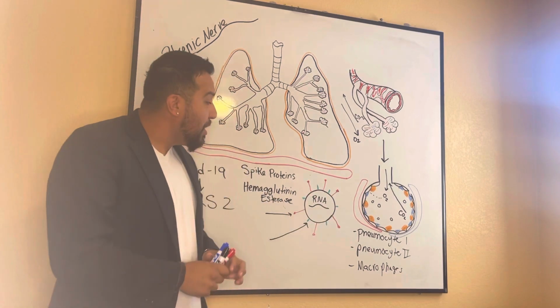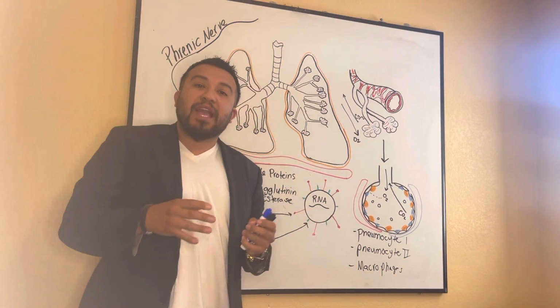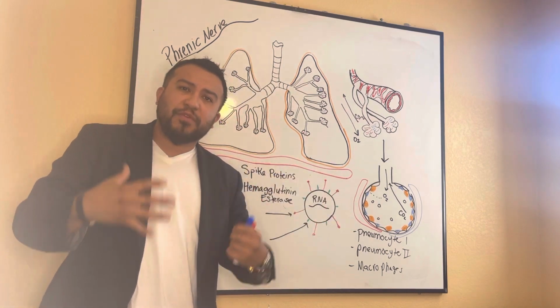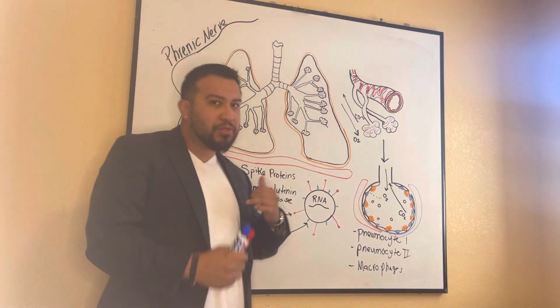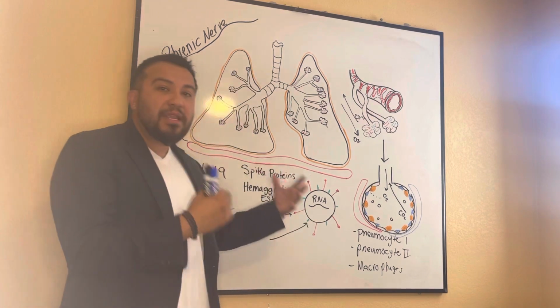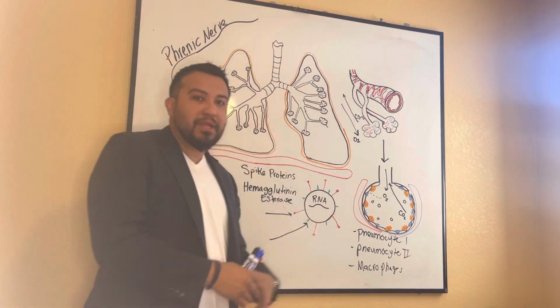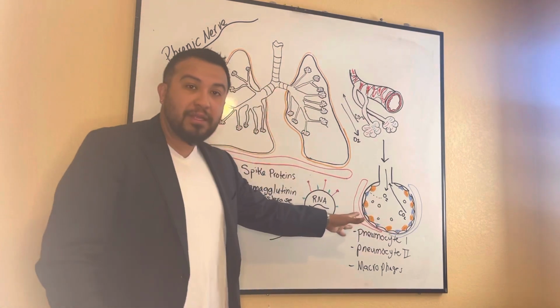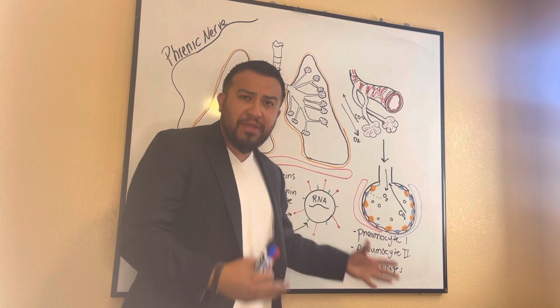It attracts more fluid because anytime you have an infection or something foreign that enters your body, your immune system starts doing its thing. And it starts sending all the macrophages, all the white blood cells, all the plasma and red blood cells to the area so it can fight off this foreign invader.